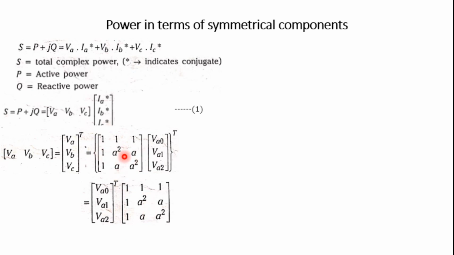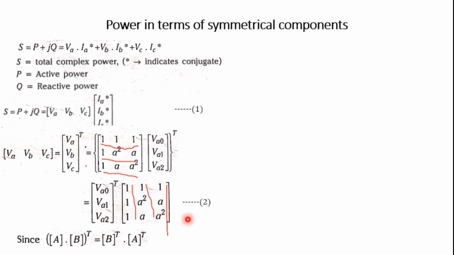Observe 1 a² a: this is going to be in the first row and first column, the second row and second column, the third row and third column. The third row is nothing but 1 a, so this is going to be the third column. This is the second equation.